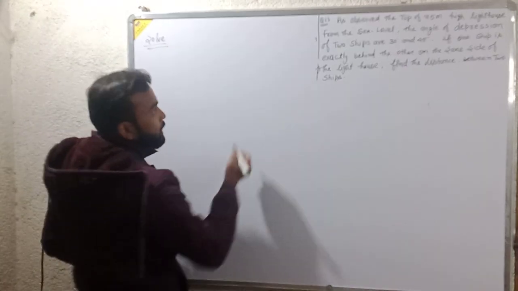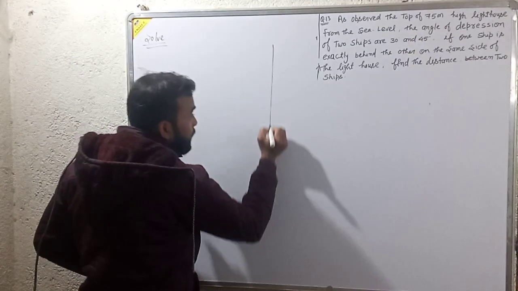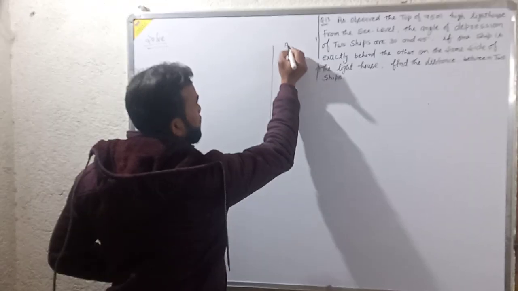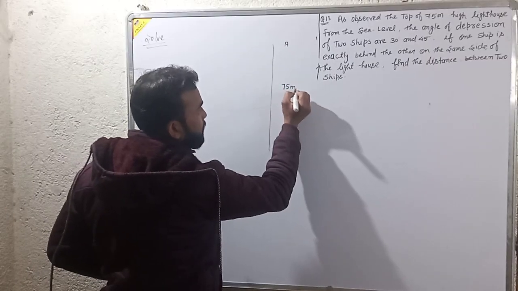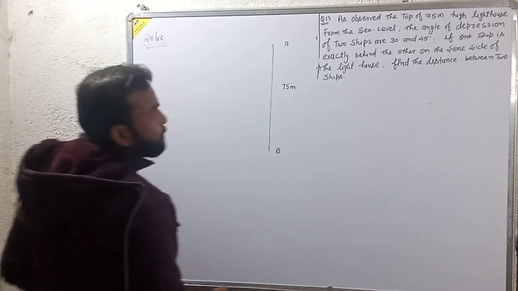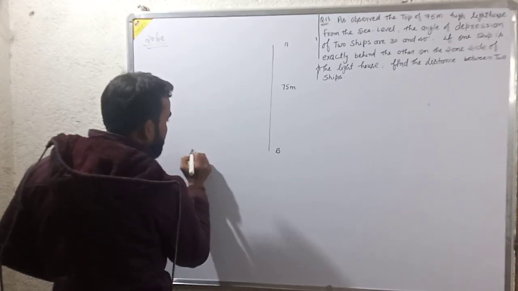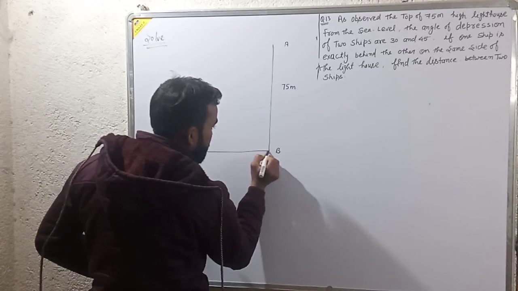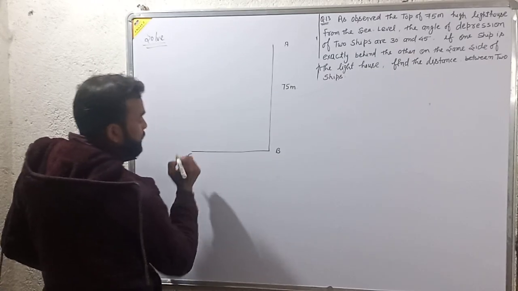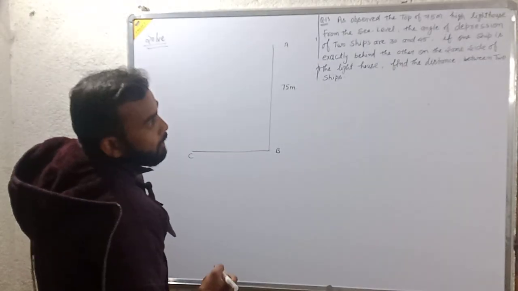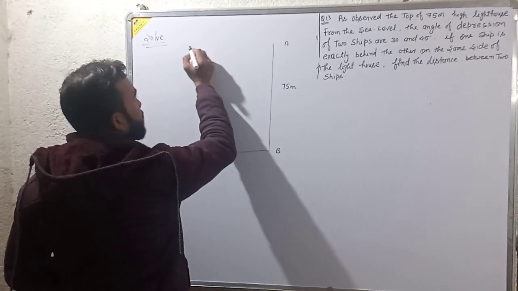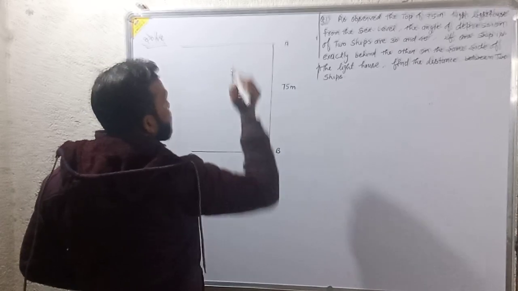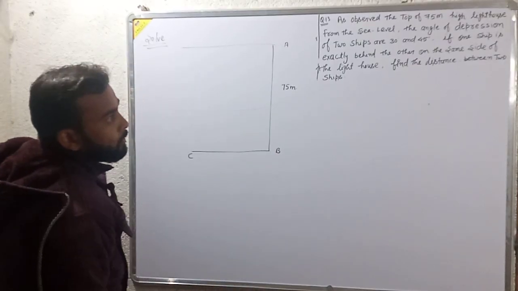Let AB be the lighthouse. This is 75 meters high. This is the sea level. This is the horizontal line from the top of the lighthouse.